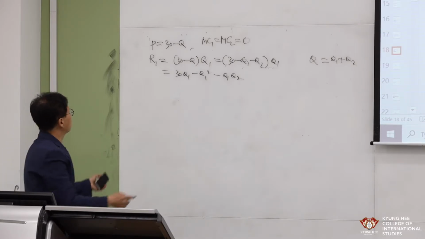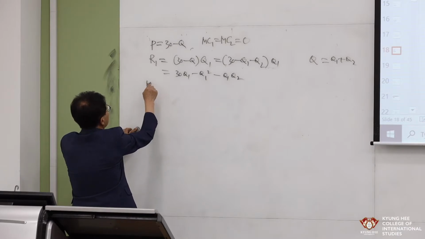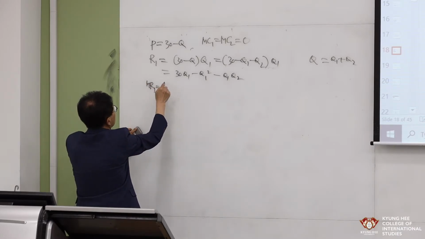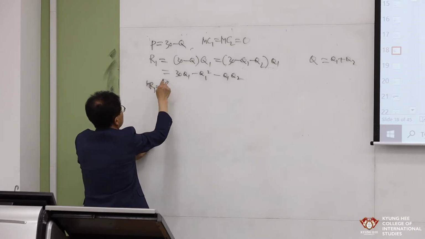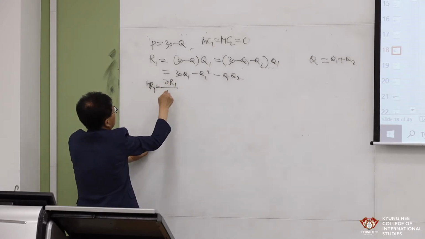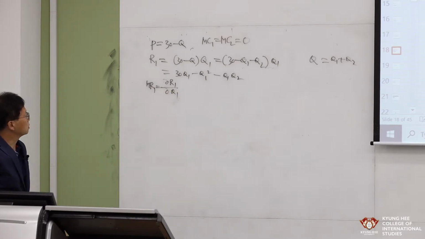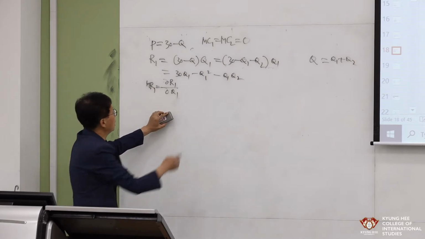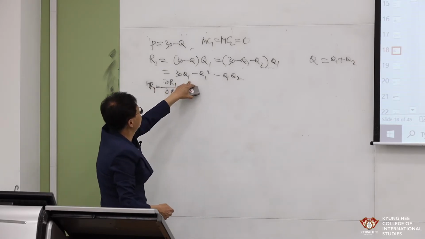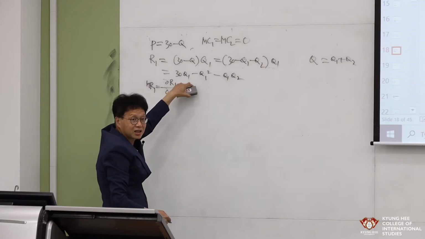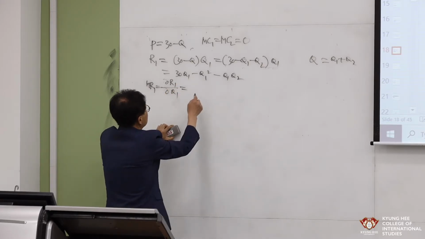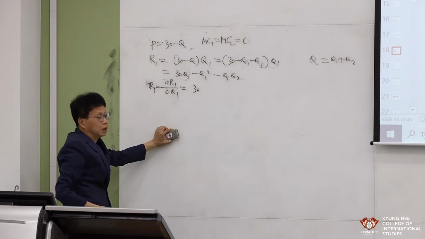Marginal revenue of firm 1 is the change in revenue, more accurately, the partial derivative of the total revenue function with respect to Q1. Okay, partial derivative. Then the first derivative of this one with respect to Q1, right? Then what is this? 30, only 30 left.